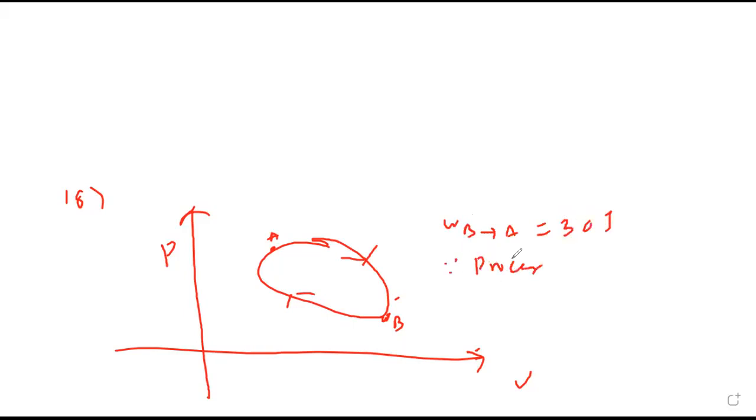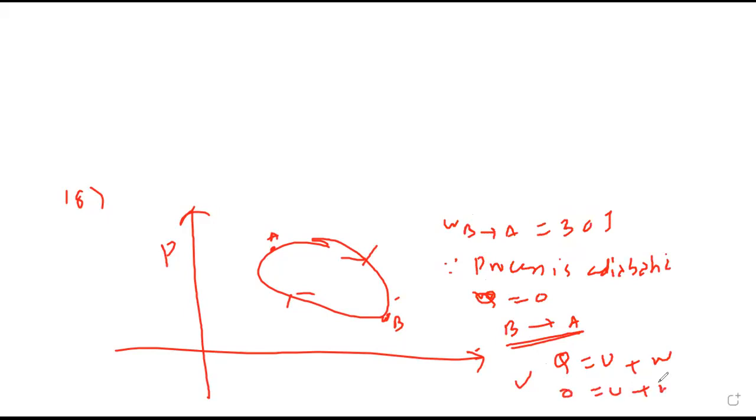Since the process is adiabatic, that means heat is 0. Correct now? Yes, sir. So B to A, Q is U plus W, which will become 0 equals U plus W. Therefore, W equals minus U, equals minus 30 joule. U is minus 30 joule.